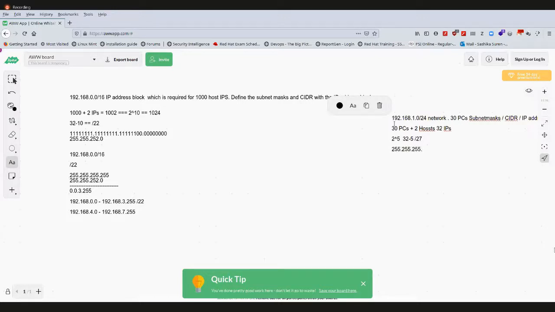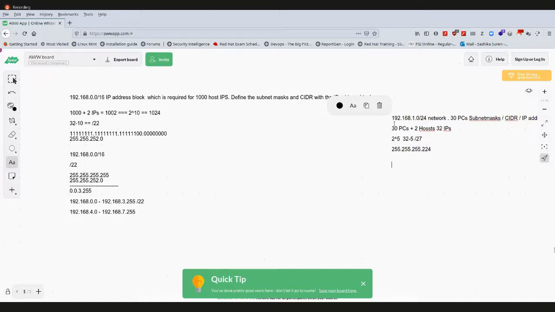/27 means 255.255.255. What is the value? Guys, if it is a /27, what is the value? 224. 224, right? 255.255.255.224.